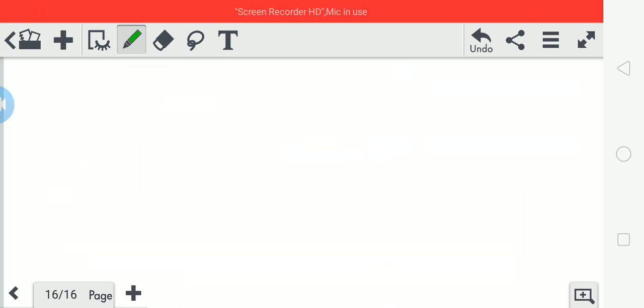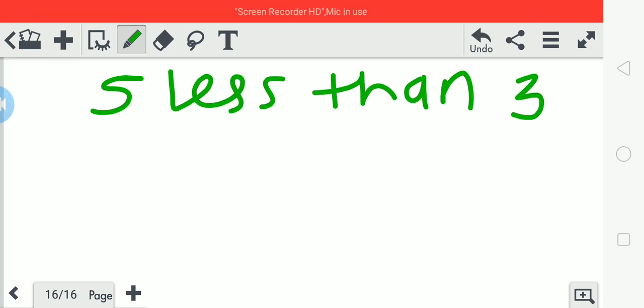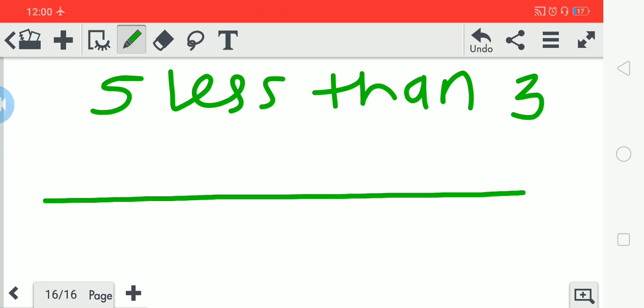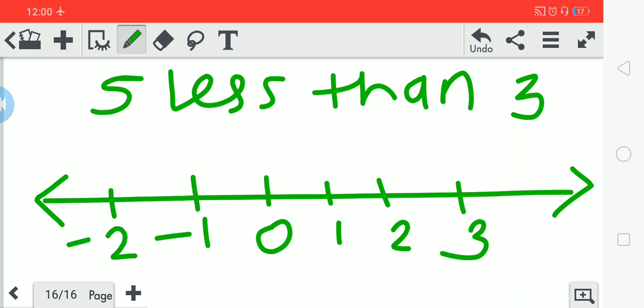Okay, I will take one more example that is not from the exercise. 5 less than 3. Okay. So the word less comes here, that's why I have to move to the left side. So 0, 1, 2, 3, minus 1, minus 2, right?